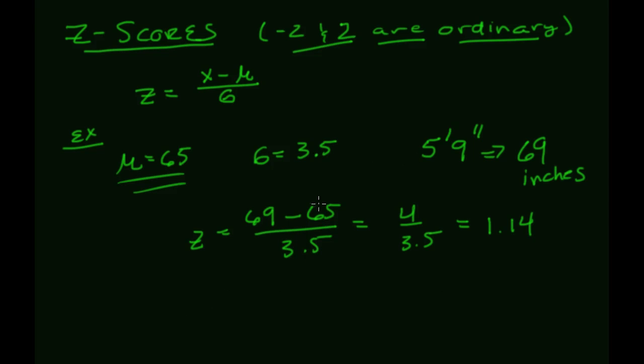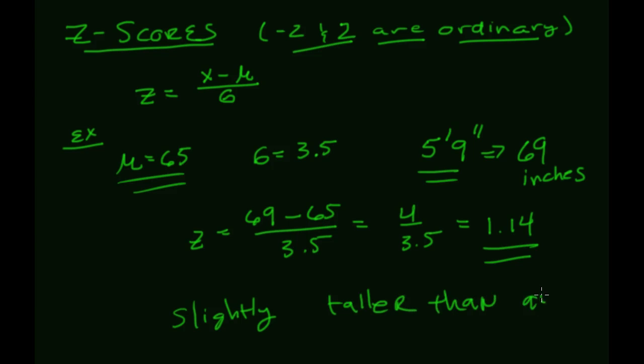This woman at 5'9" tall is 1.14 standard deviations from the mean, which is their z-score. So that's definitively between -2 and 2, so that's an ordinary value. So this is a woman who is slightly taller than average.